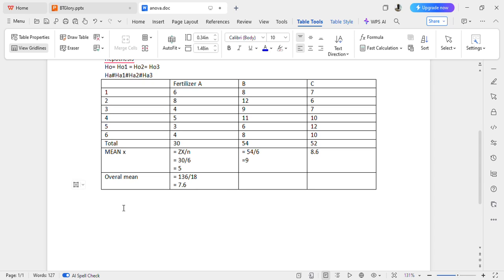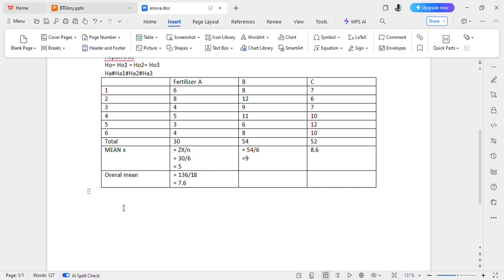Now, number 2, we get the variance. So we want to get the sum of squares between. So we start with the sum of squares between. It should be very easy for us to tabulate.